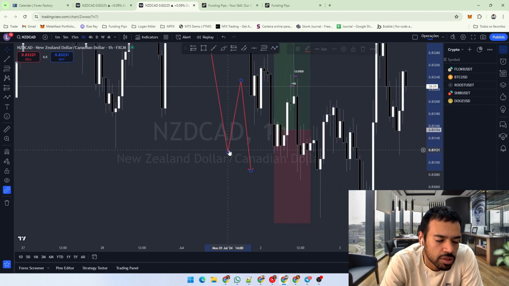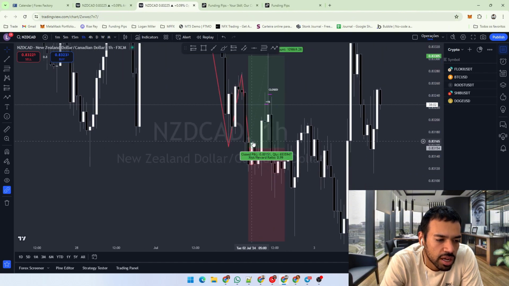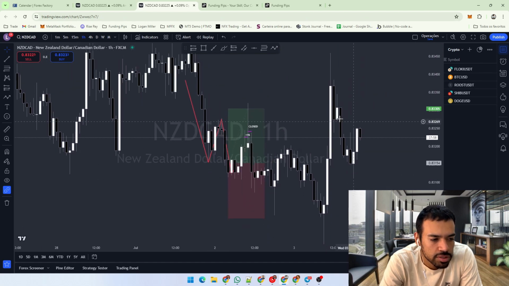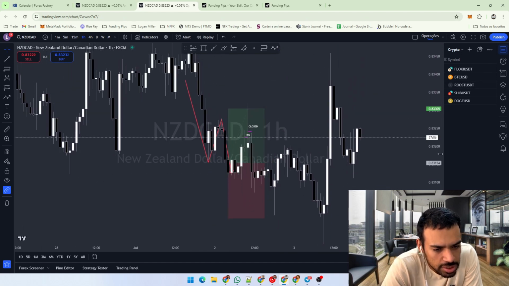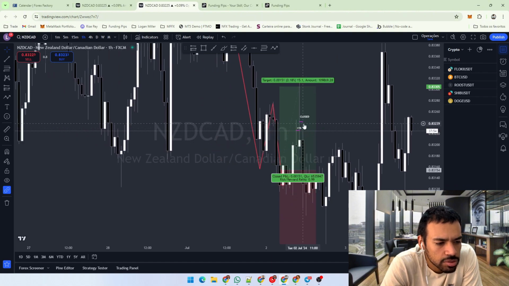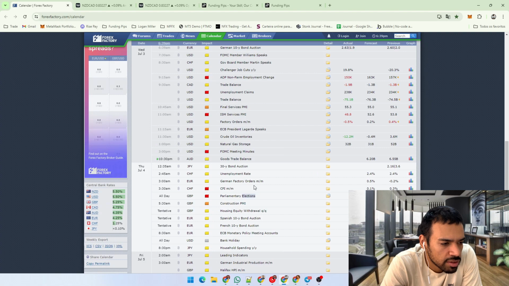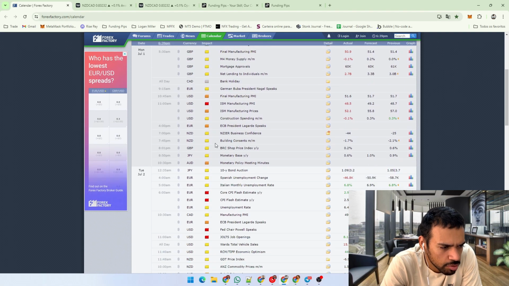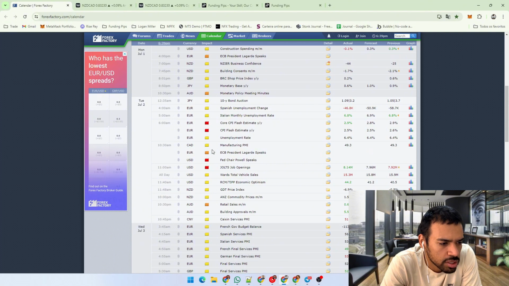When the price makes this candle, rejecting the previous low, I open a position around this area, and I closed this trade early for profit because on Tuesday we have a PMI in CAD, so I closed a little early because of this news right here.